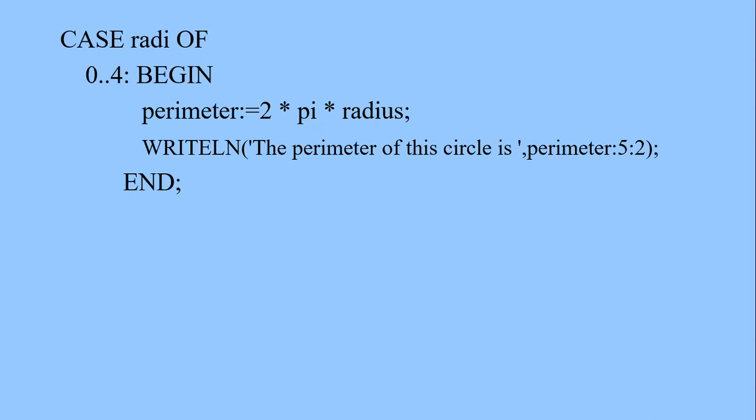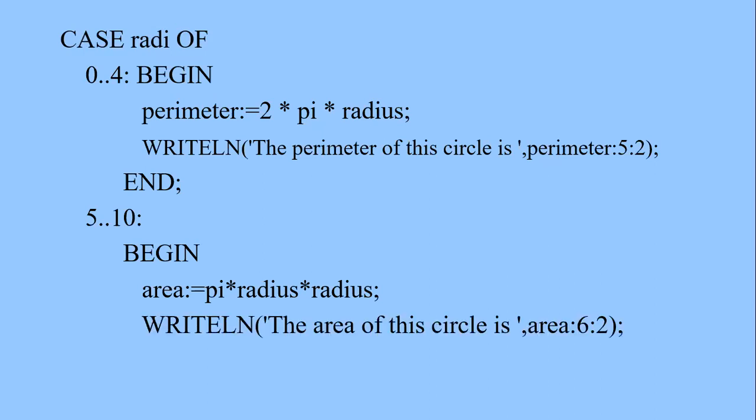Otherwise, if that expression evaluates to a figure which is between 5 and 10, for example, 6 or 7 or 8 or 9 or 10, then calculate the area and display the area as follows.